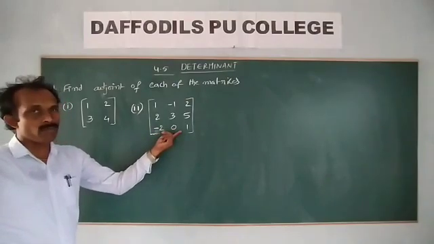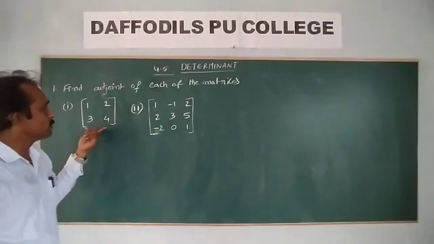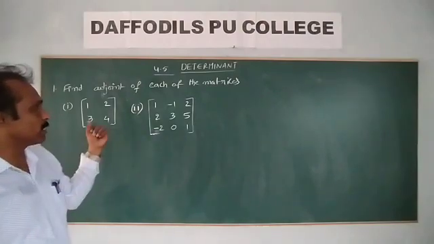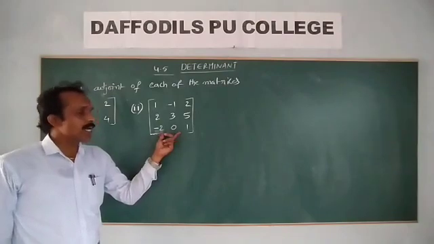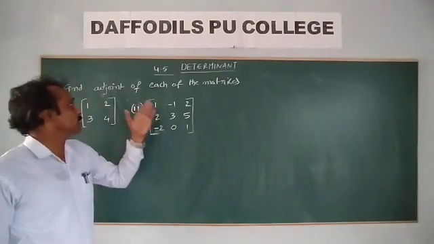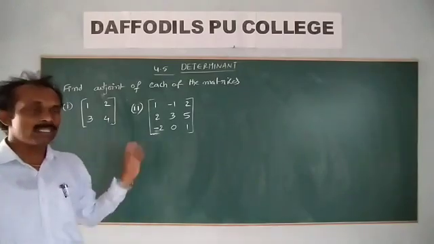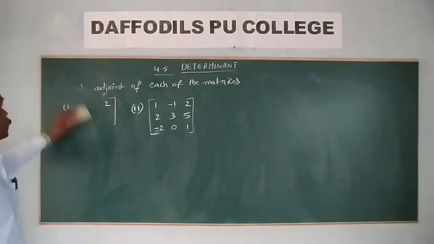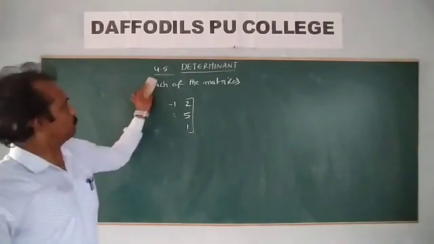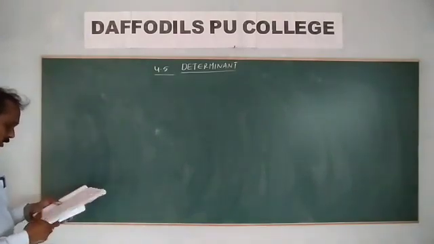First of all, you find the cofactors, afterwards take the transpose. That is nothing but the adjoint of this matrix. The first is a 2 by 2 matrix, the second a 3 by 3 matrix. These two are homework. Next question.